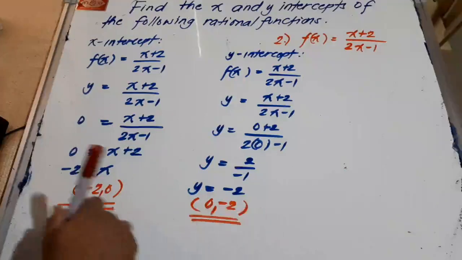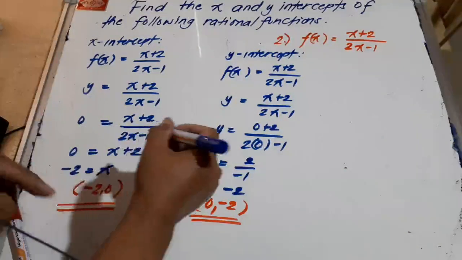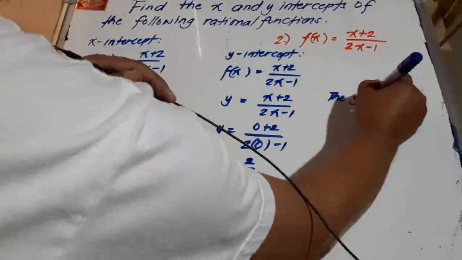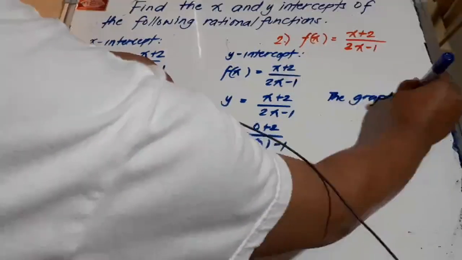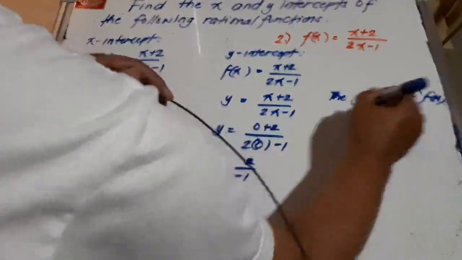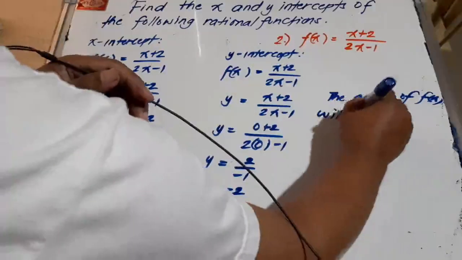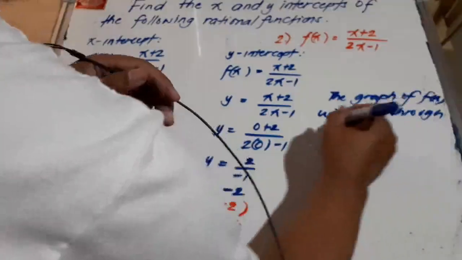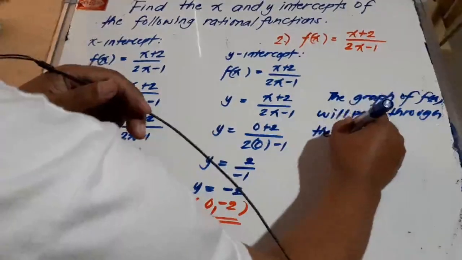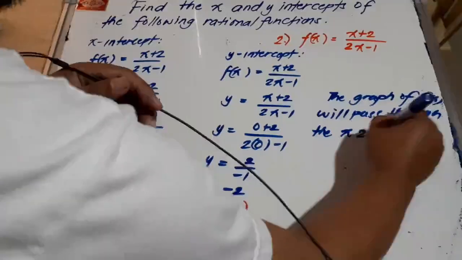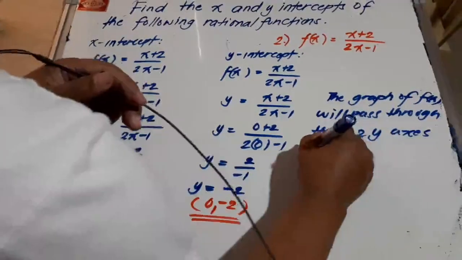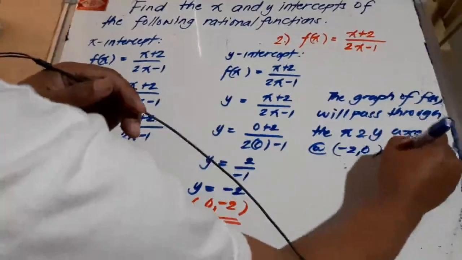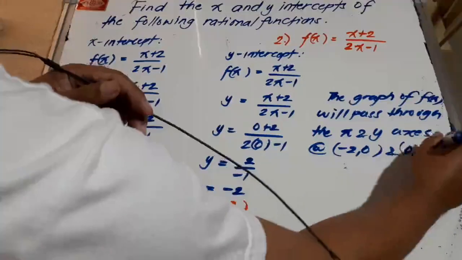So, this is your x-intercept. Ito yung ating y-intercept. It means that the graph of f of x will pass through the x and y axis at (-2, 0) and (0, -2) respectively.